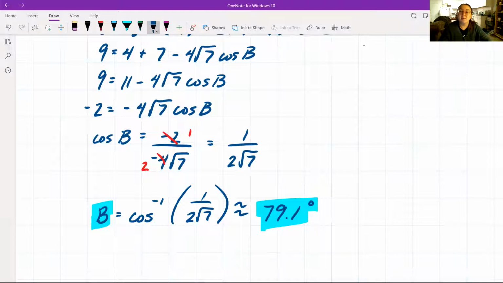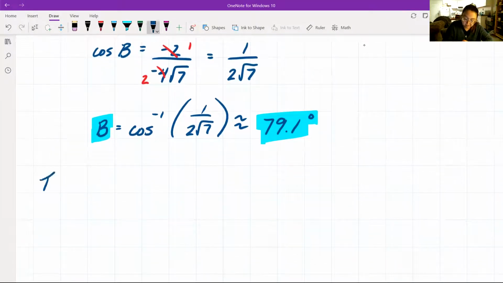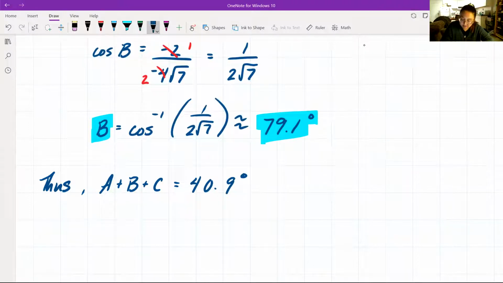So now we found the things that we're missing. We found our side length C, and we found our angles A and B. Now we just want to check, make sure that our angles add up right. We can say thus, since A plus B plus C is equal to 180, we can rewrite A, B, and C. So we know that A was 40.9 degrees, B was 79.1 degrees, and C was 60 degrees.